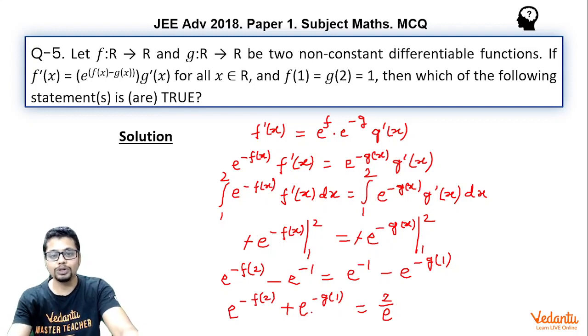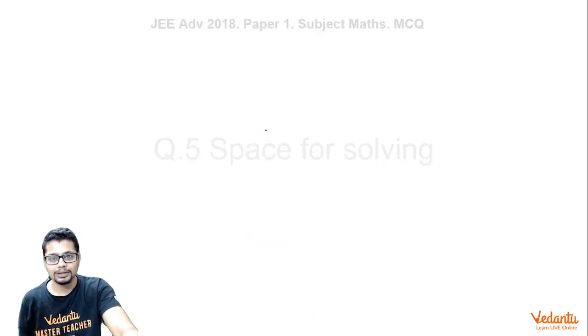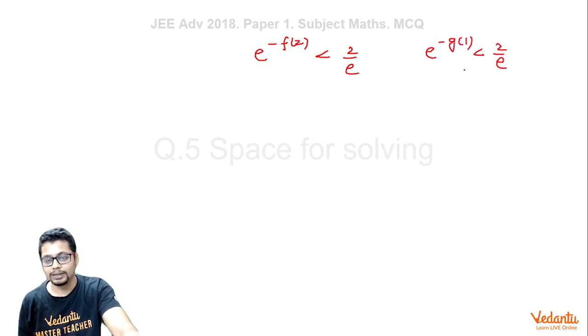So that means e to the power minus f of 2 and e to the power minus g of 1 are less than 2 by e. So e to the power minus f of 2 is less than 2 by e, and e to the power minus g of 1 is also less than 2 by e. So if I take ln on both sides, log base e, I get minus f of 2 less than ln 2 minus 1.